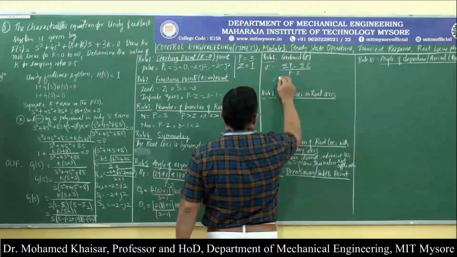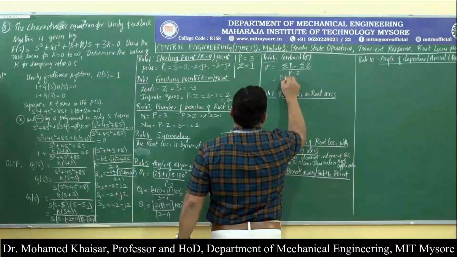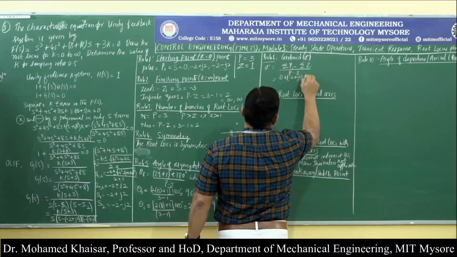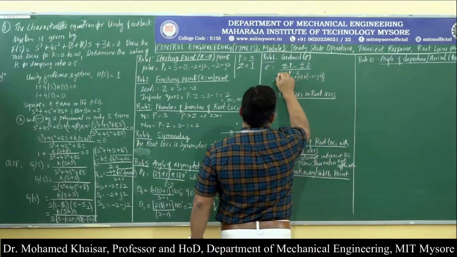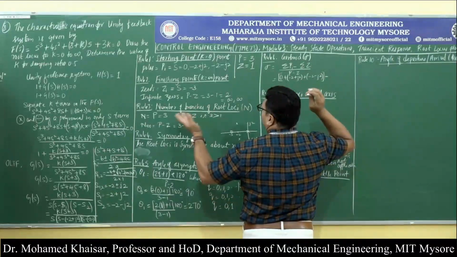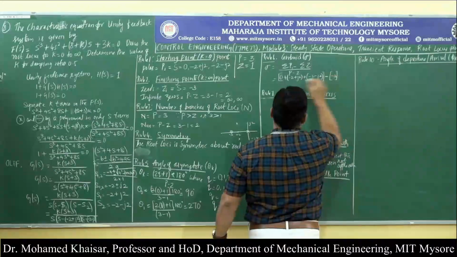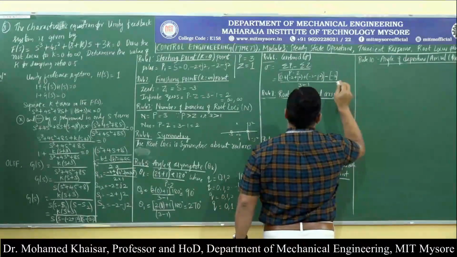So, summation of all the poles means what? How many poles are there? You can see 0 plus minus 2 plus j2 plus minus 2 minus j2. These are the poles we have got. And then how many zeros do you have? You have only one zero, that is minus 3, divided by the number of poles, 3, minus the number of zeros, 1.